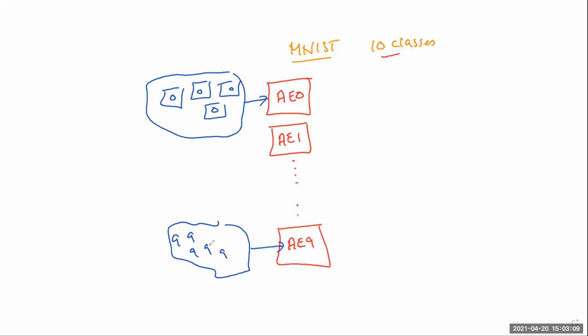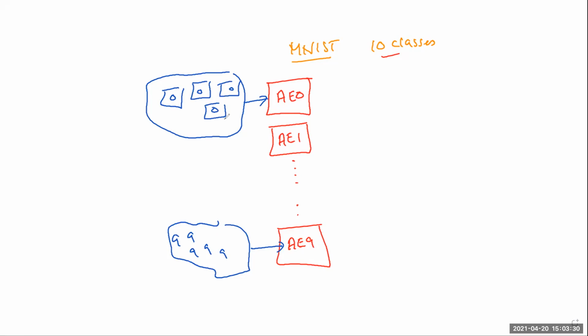So for 10 classes, data of each class is used to train a separate autoencoder, and no other class is used in training that particular autoencoder. Seems a bit strange, but let's see. Now models are trained. Everything is trained. You are done.